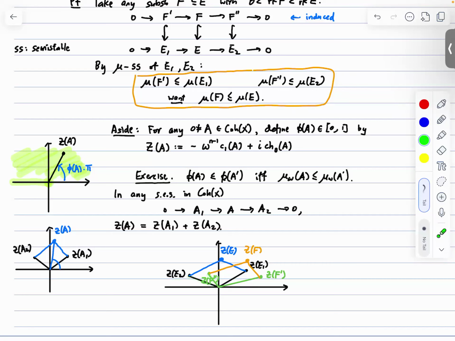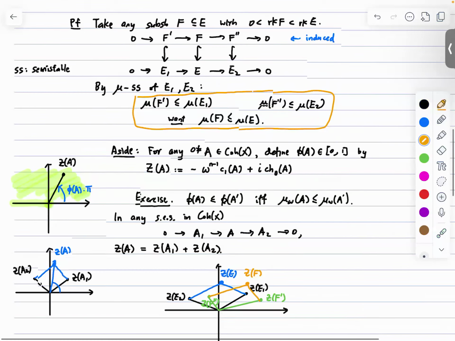And so this new vertex you get from these parallelograms is going to move in such a way that its angle from the positive real axis decreases. And that's why the angle of E will be bigger than or equal to the angle of f, which is what we want in order to show E is slope semi-stable.